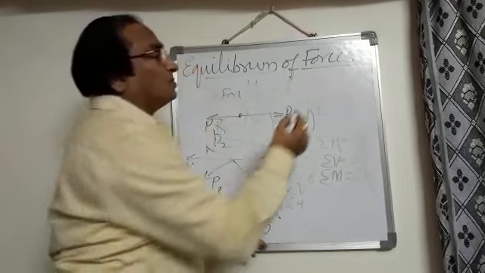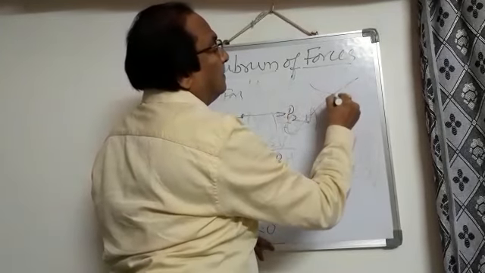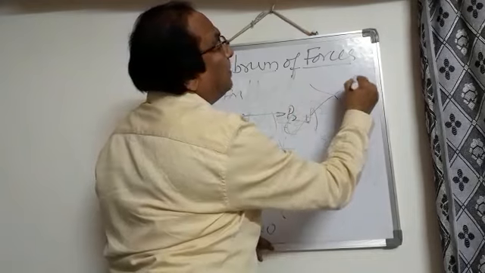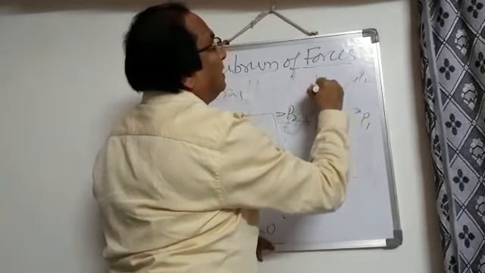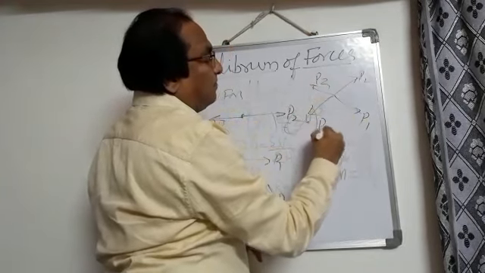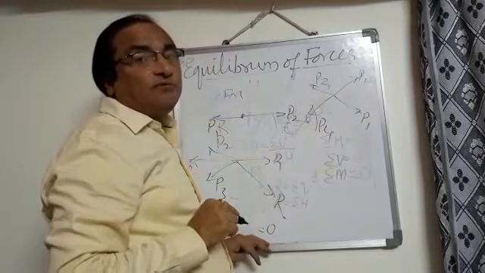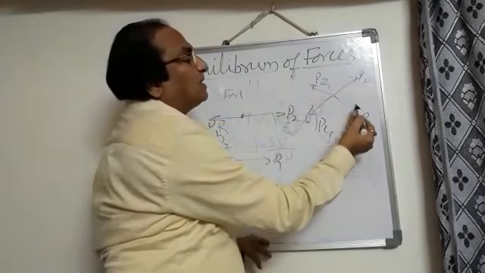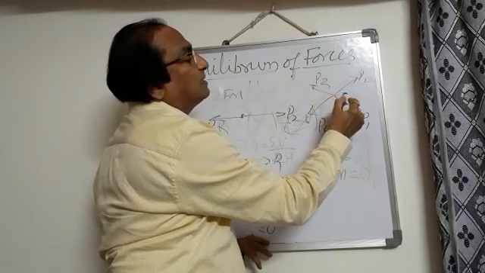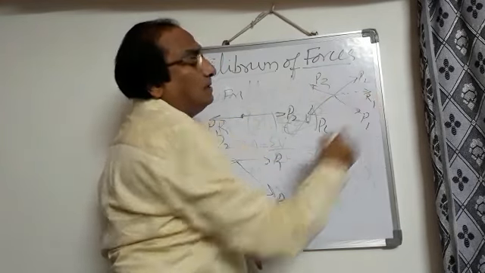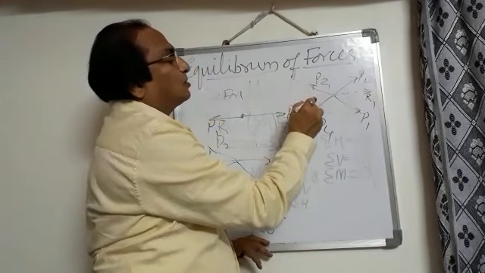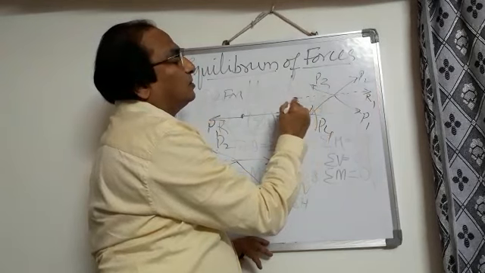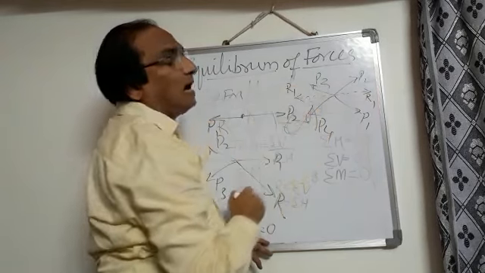Suppose there are four forces like this, P1, P2, P3 and P4. If this system of forces has to be in equilibrium, you consider any two forces P1 and P2, find its resultant as R1. Similarly, other two forces P3 and P4, find the resultant of these two forces. This will be equal to R1.